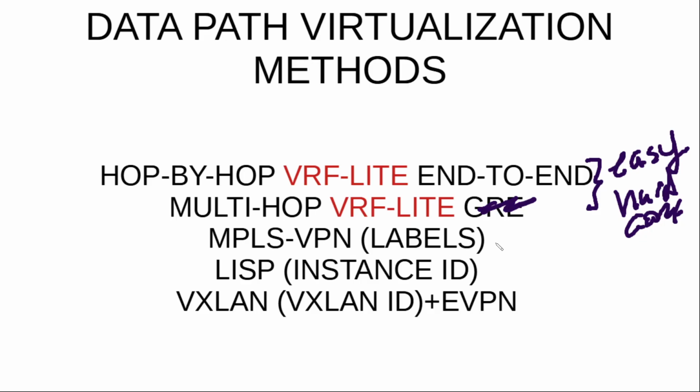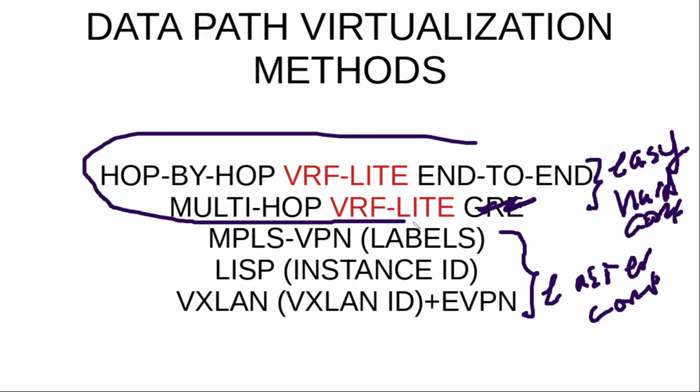And we have these other three methods that are somewhat harder to understand but are actually easier to configure. We are going to focus on these two methods here in this session because we are going to focus on something that is known as VRF LITE.